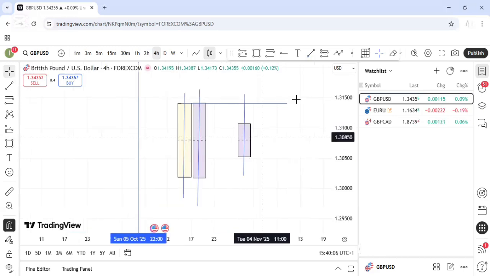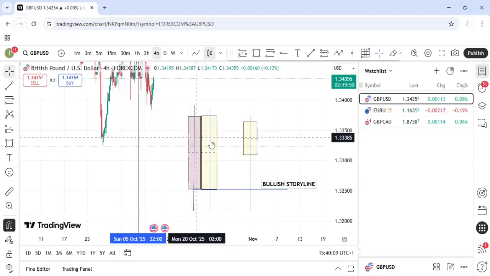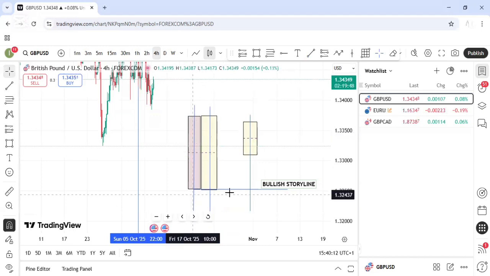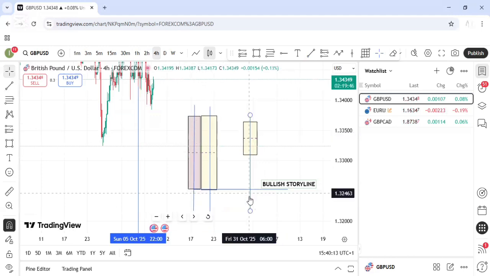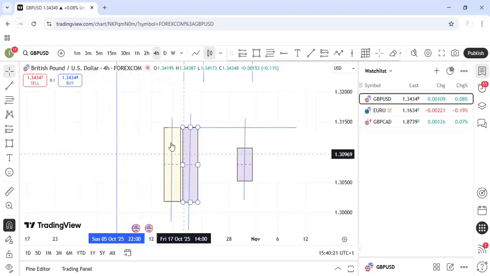We don't have a storyline started if the 4-hour candle has not closed, or has not pierced or rejected. So the first example, like I said, is in this case a bearish candle and a bullish candle. Draw out the closing price. Another 4-hour candle comes to pierce it, rejects, and closes. In that scenario, we have a bullish storyline started. In this case as well, we have a bullish candle and a bearish candle side by side, creating an N pattern.